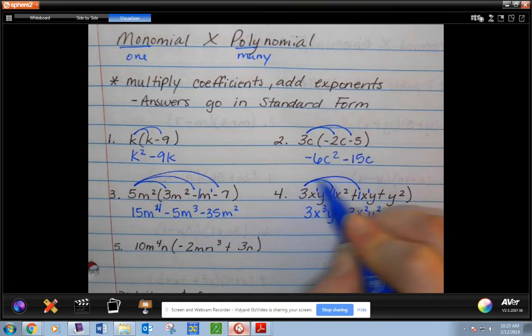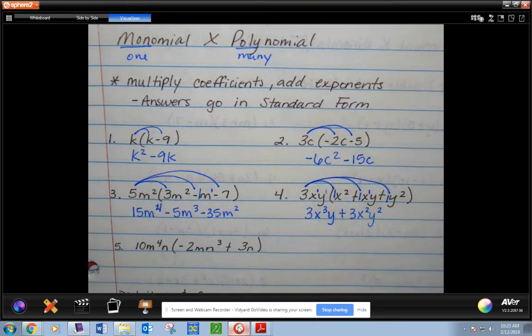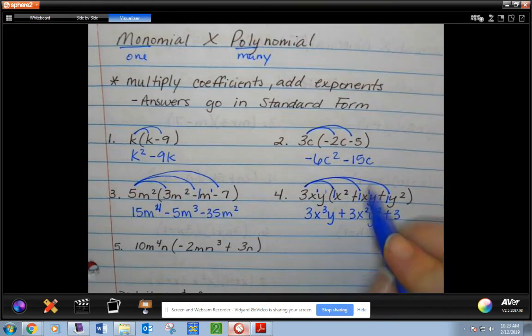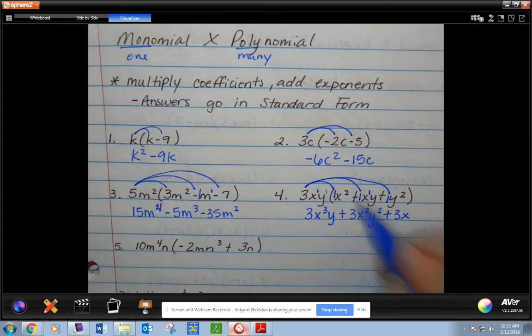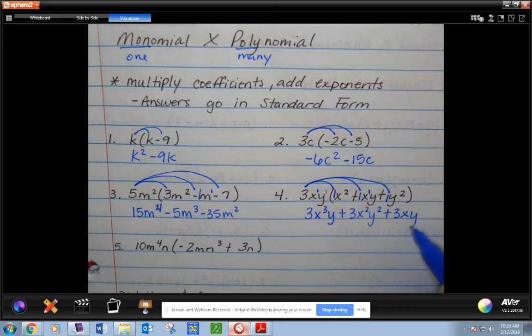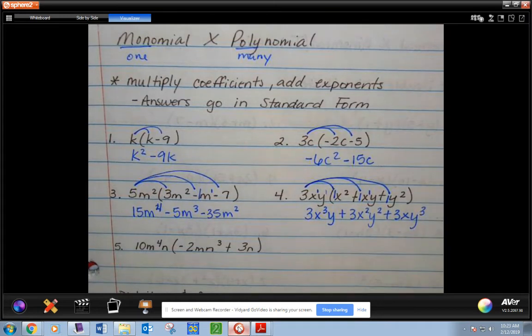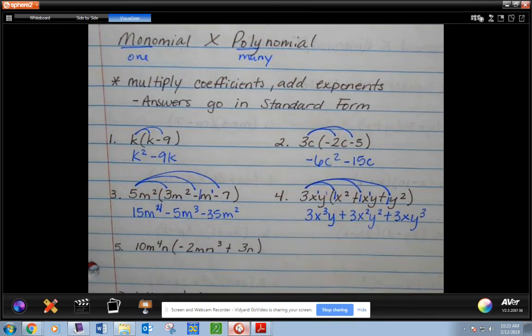I take the 3 and multiply it by the last thing, which is again a 1, so plus 3. I have an x, and there are no other x's in that last piece, so I keep x. I have a y and a y squared, which, 1 and 2, makes y to the third. These three pieces will not combine, and this is written in standard form because it goes x3, x2, x1.